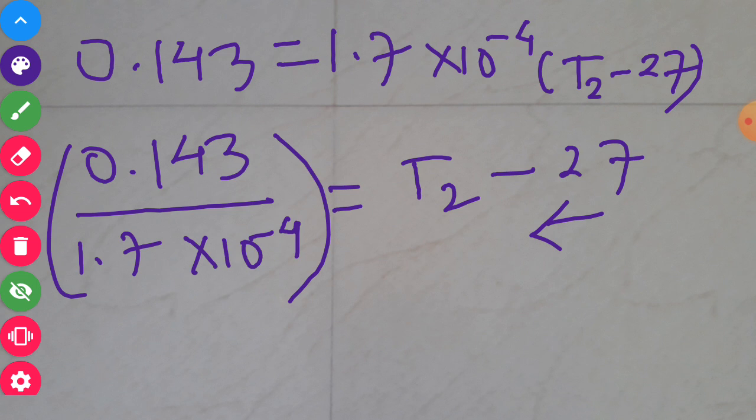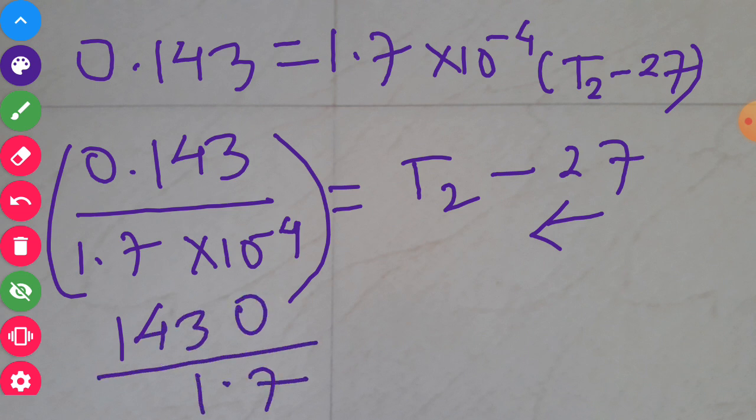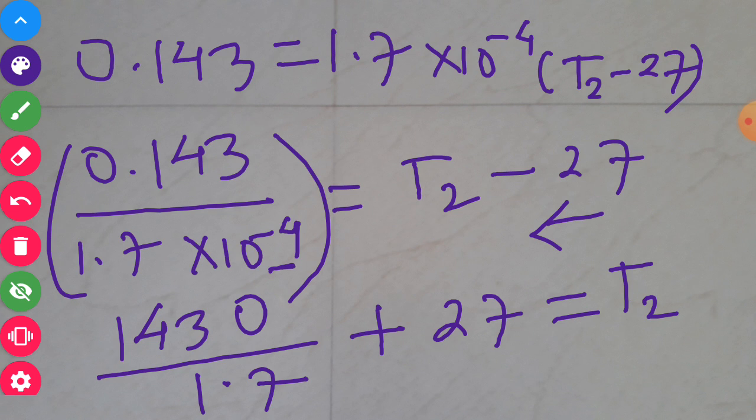This becomes 1430 divided by 1.7 plus 27 is equal to T2, because this 10 raised to minus 4 goes up, so it becomes positive and multiplied with 0.143, so it becomes 1430 divided by 1.7 plus 27.